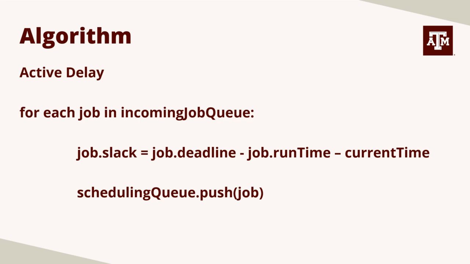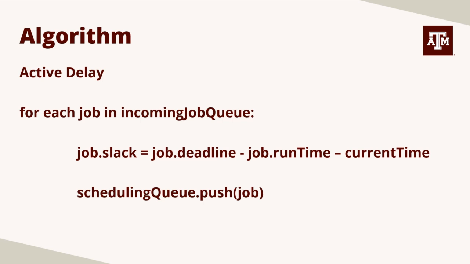For each incoming job, we can calculate its slack time, which is defined as slack time equals deadline minus runtime and current time. And we can rank these jobs based on their slack time, identifying which jobs can be delayed.